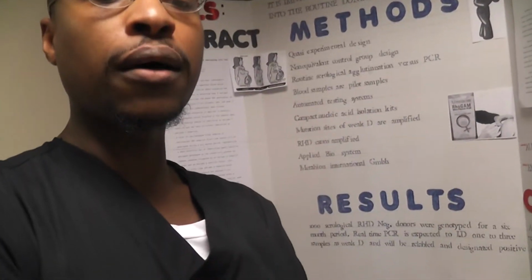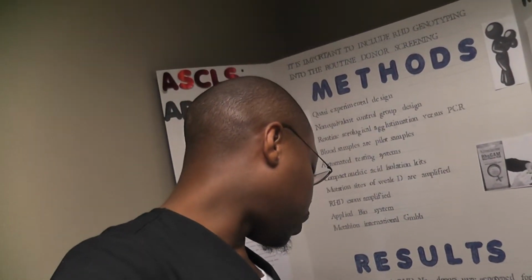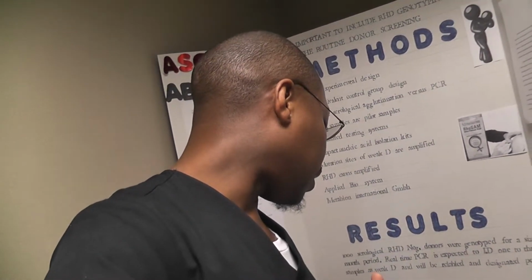And the thing about it is they're using genotyping with cystic fibrosis, they're using it with PKU, and they're using it with acyl-CoA dehydrogenase deficiency. If they're using it for those three, why not use it for hemolytic disease of the newborn?